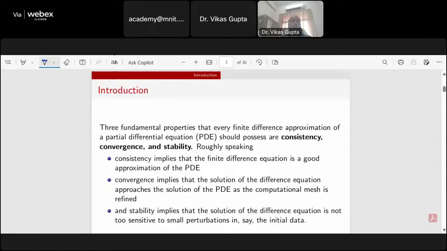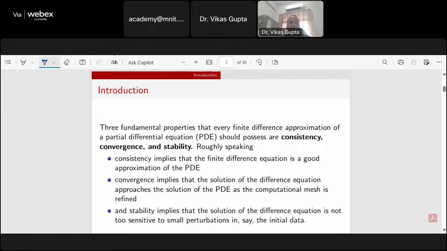Consistency roughly implies that a finite difference approximation or finite difference equation is a good approximation of the given partial differential equation operator. While convergence implies that the solution of the difference equation approaches the solution of the partial differential equation if the computational mesh is refined.